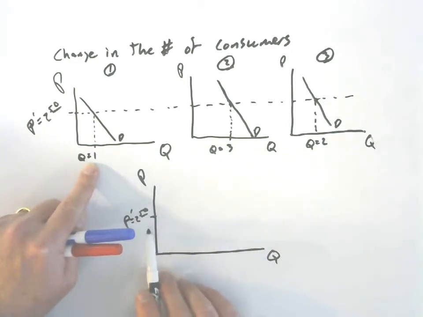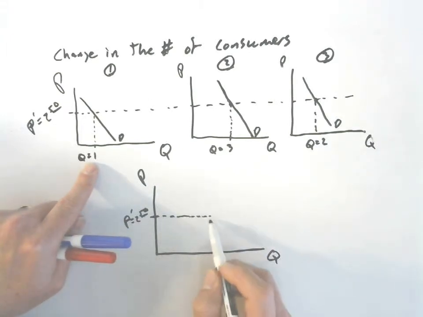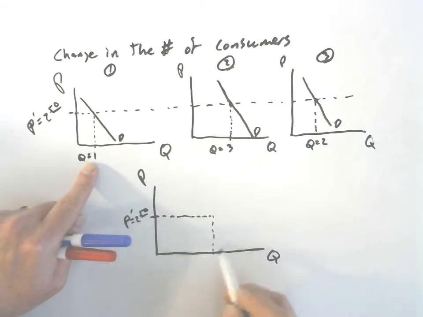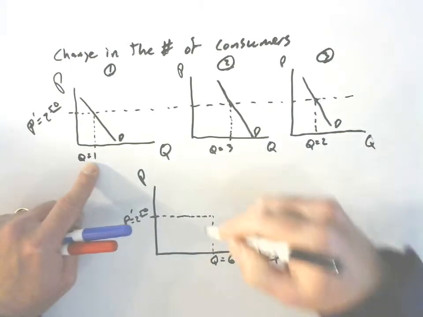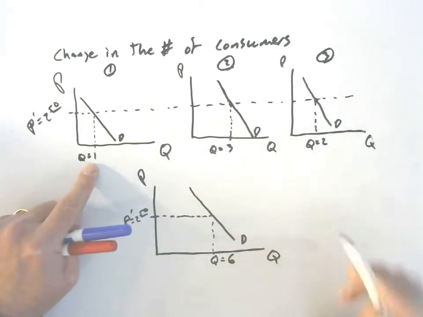So at $2.50, the market quantity demanded for hamburgers would be Q equals 6 hamburgers. So the market demand curve for hamburgers would look like this.